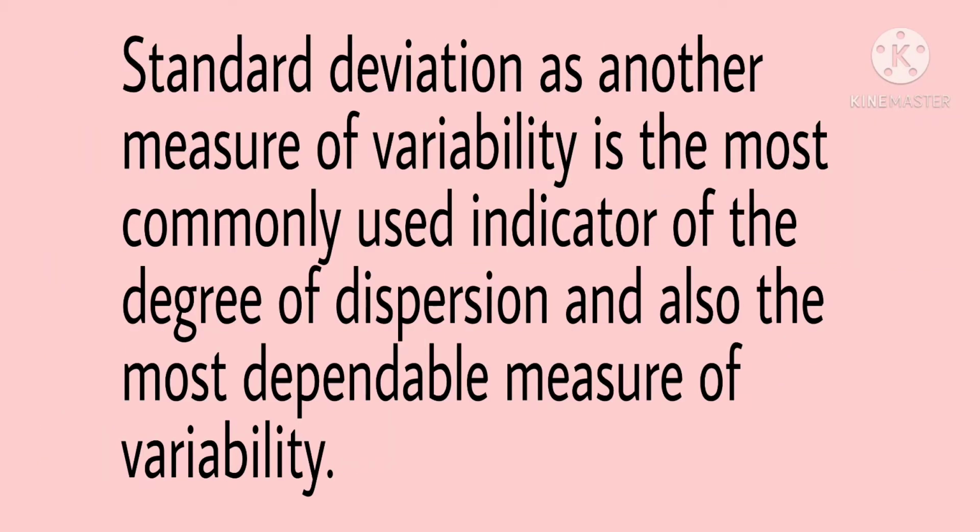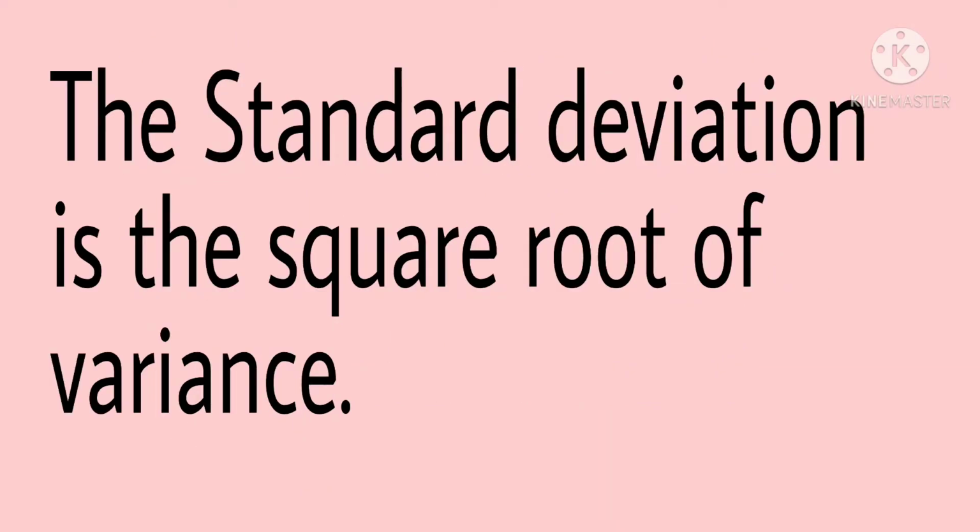Standard deviation, as another measure of variability, is the most commonly used indicator of the degree of dispersion and also the most dependable measure of variability. Standard deviation is calculated as the square root of variance by determining each data point's deviation relative to the mean.